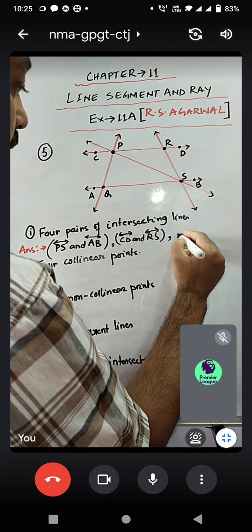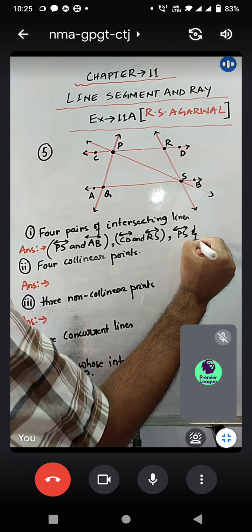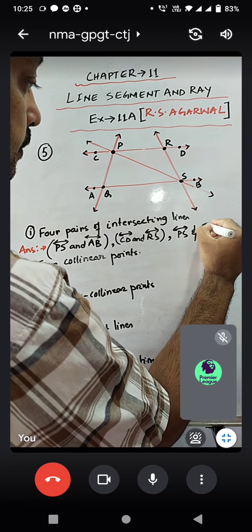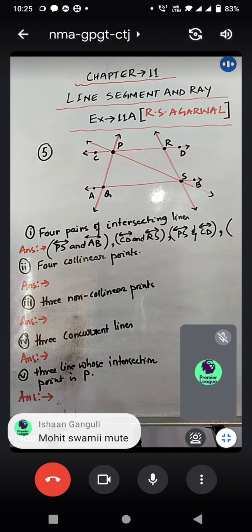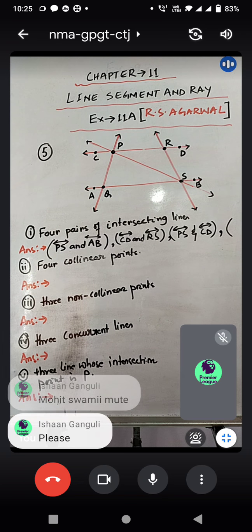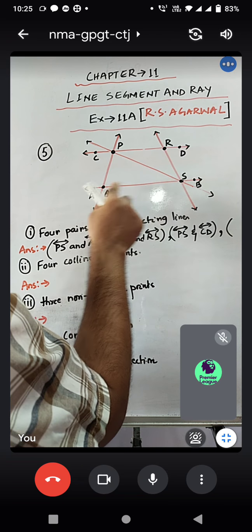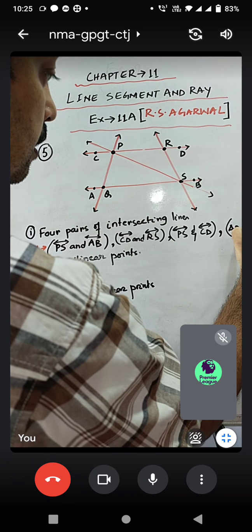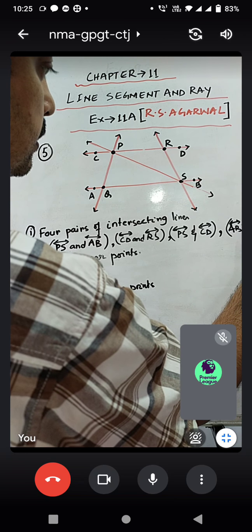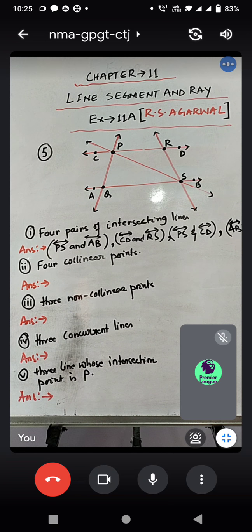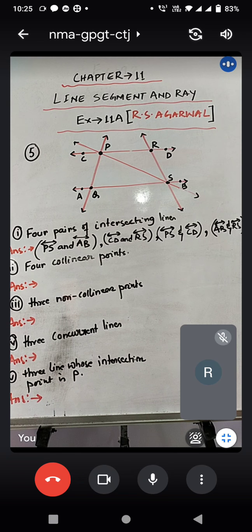Another pair is PS and CD, which intersect at P. And the last pair is AB and RS, which intersect at S. I hope everyone can see AB and RS.